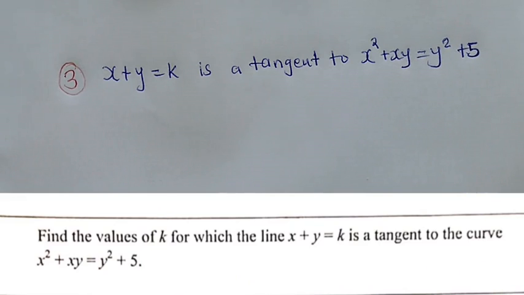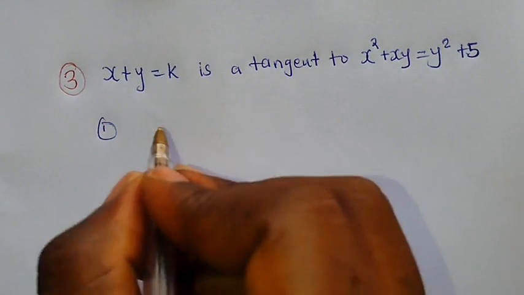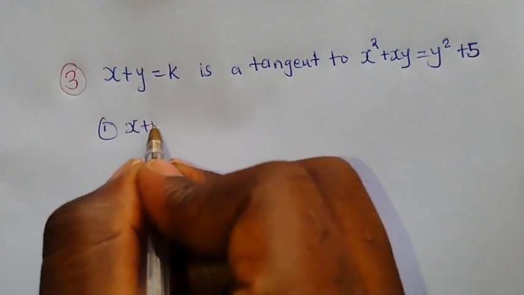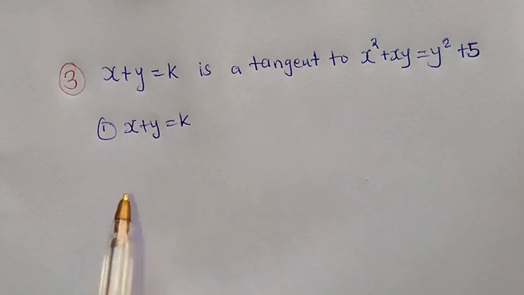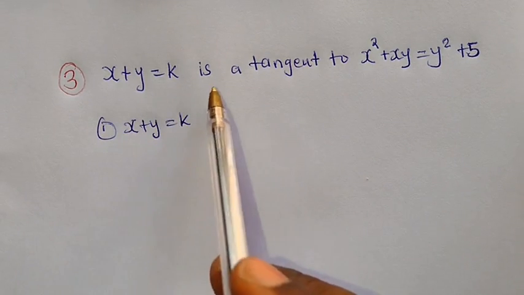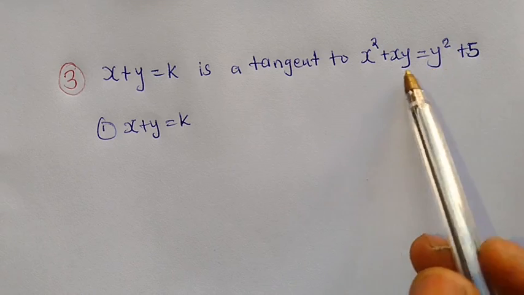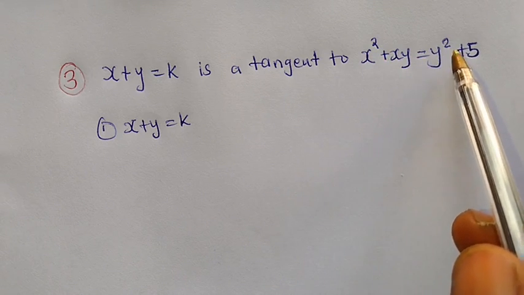So this is simple. The way you can find the values of k, first thing, we have this first line, x plus y is equal to k, which is a tangent to this curve, which is x squared plus xy is equal to y squared plus 5.